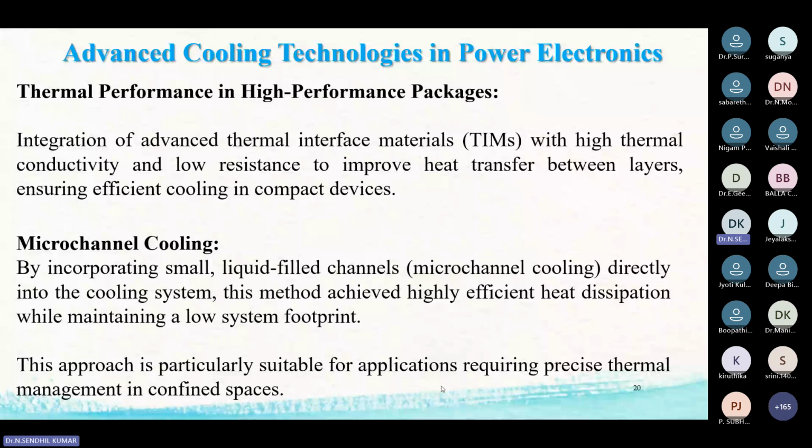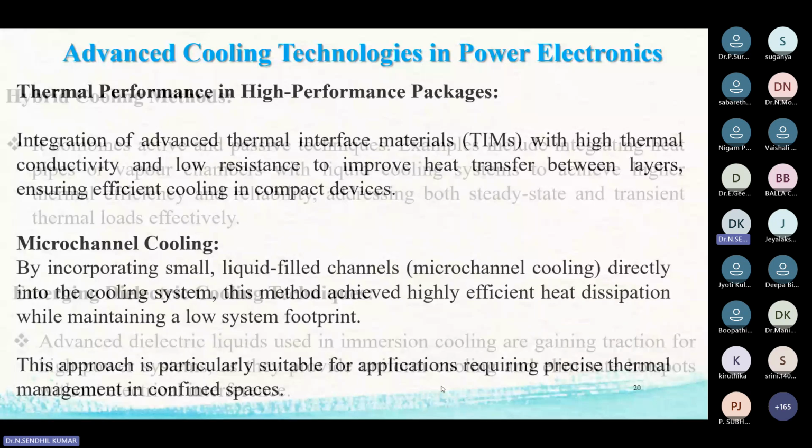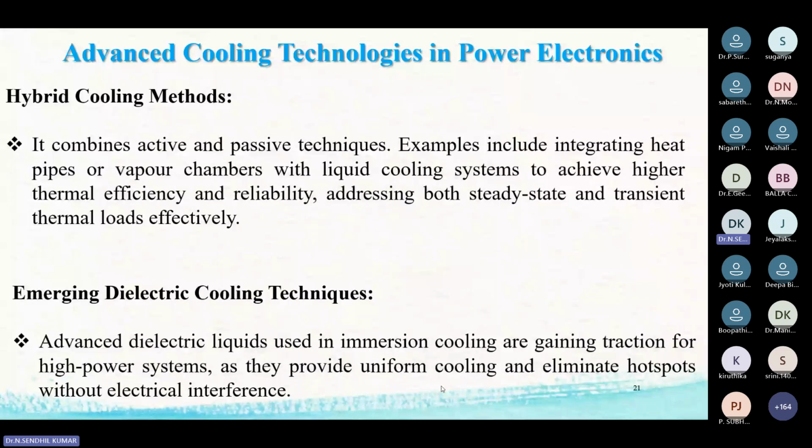Another thing is hybrid cooling. Here, sometimes heat pipes, I hope you know heat pipes, and vapor chambers with liquid. You can combine active and passive cooling techniques.